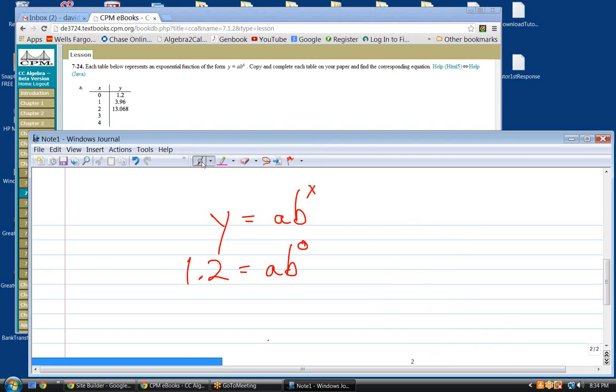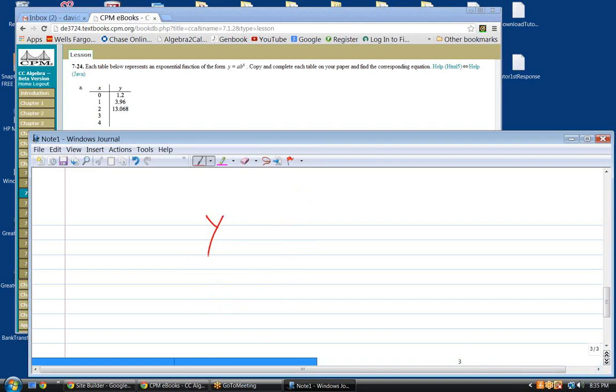So we now know what a is. Since b to the 0th power is 1, we know a is 1.2, which tells us that y is equal to 1.2 b to the x. So this is the equation that we're dealing with.